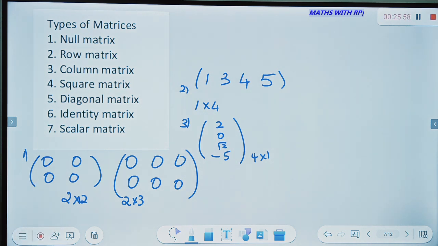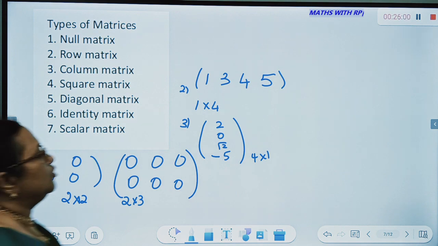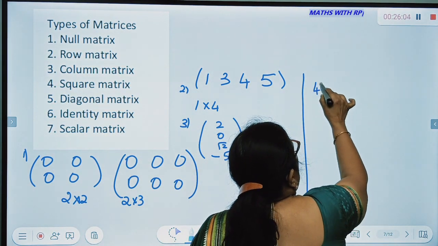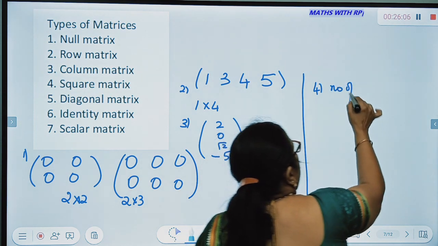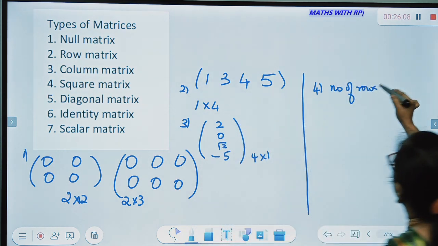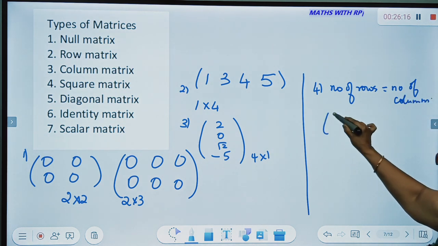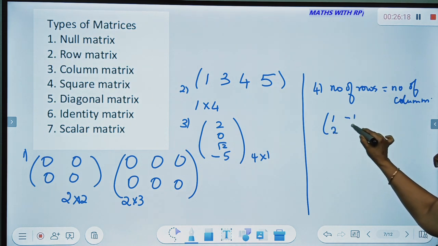Square matrix: the number of rows must be equal to the number of columns. So 1, minus 1, 2, 3.